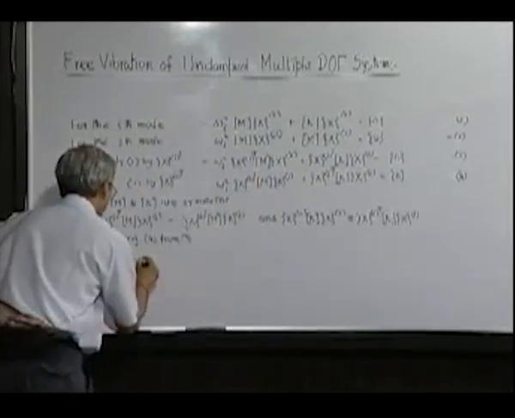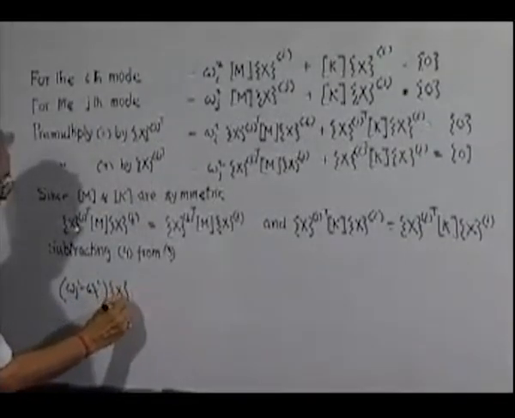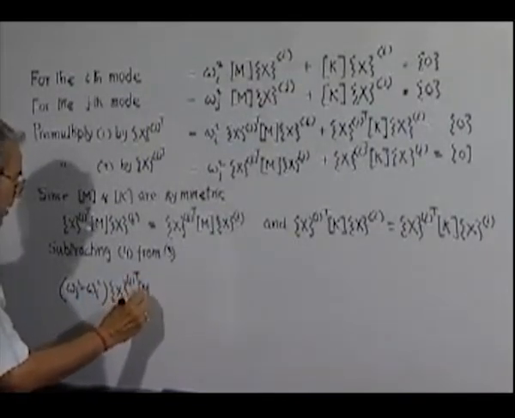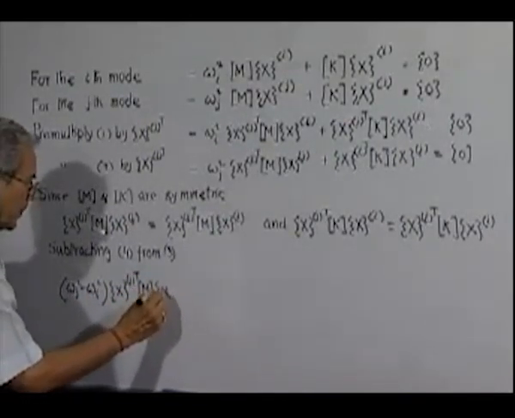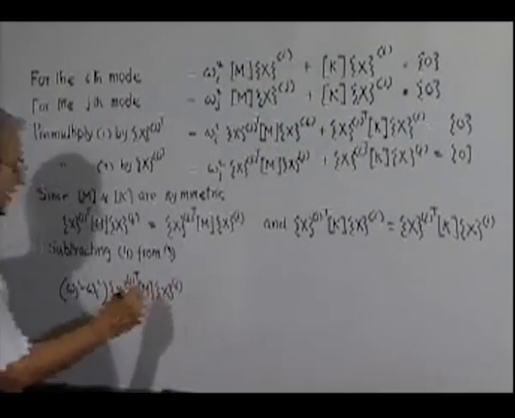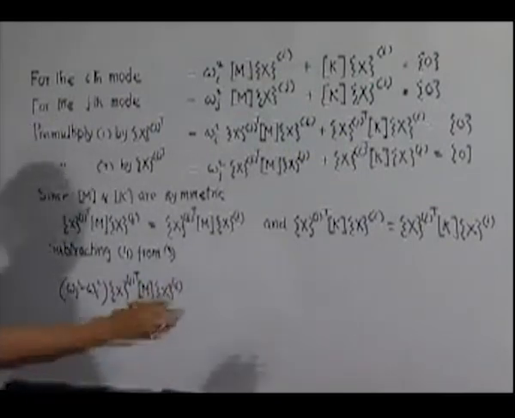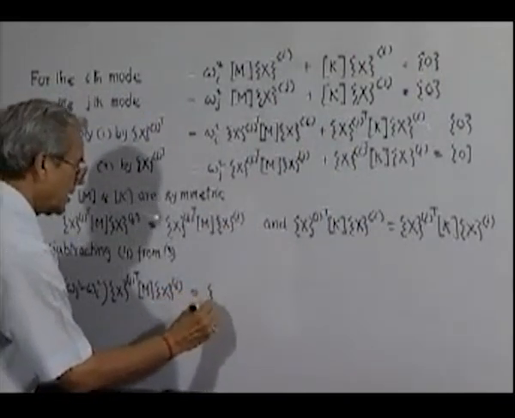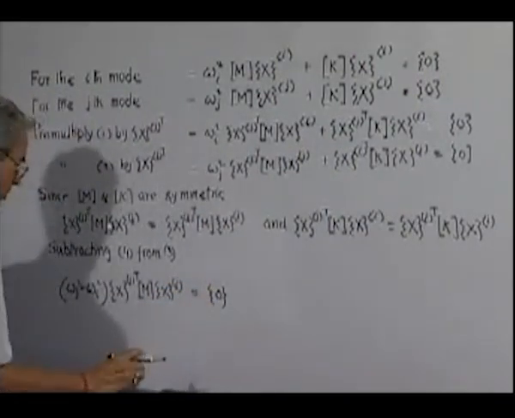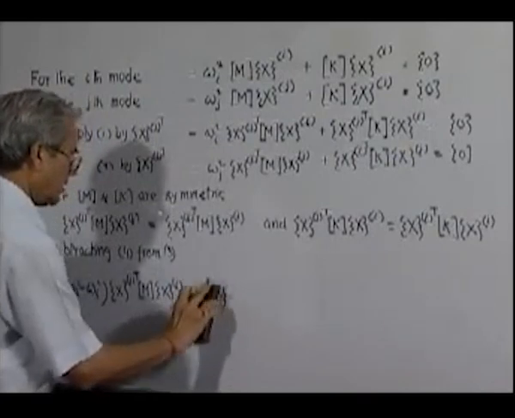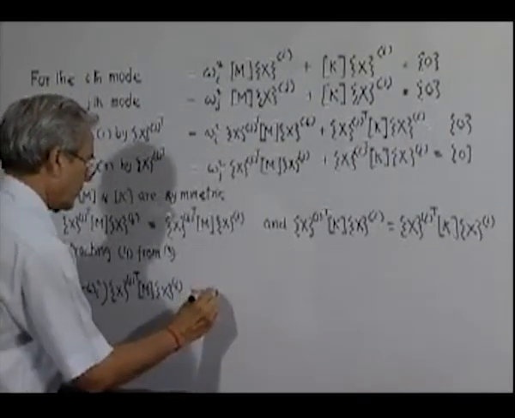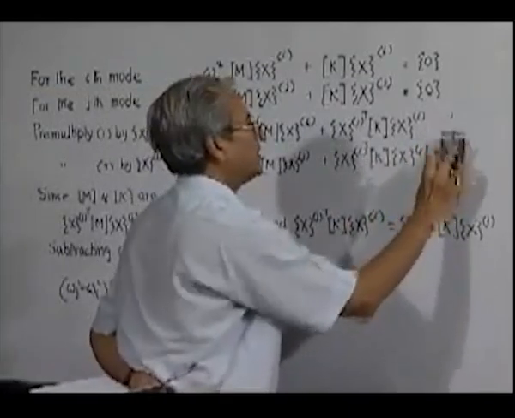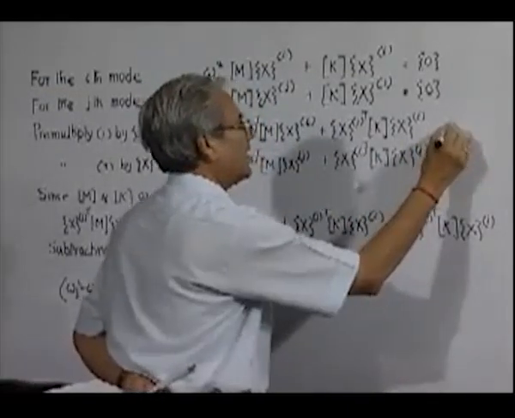So, we can write any one of them. So, we will write x j transpose M x i, and this equal to this. So, subtracting it will be 0. These terms in this case again will not be matrices, they will be values.